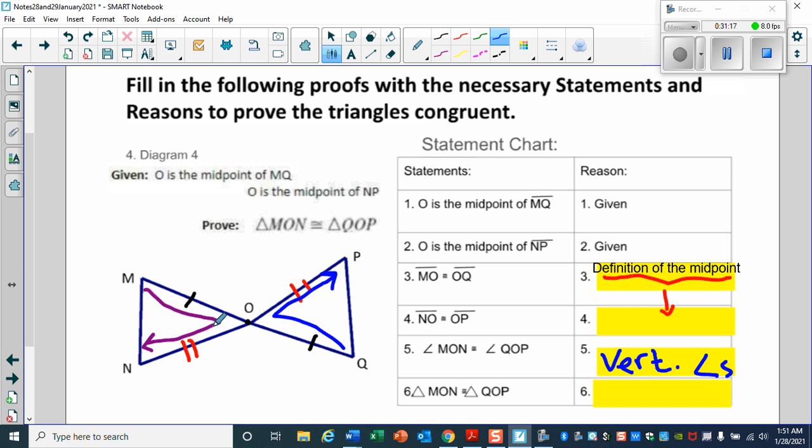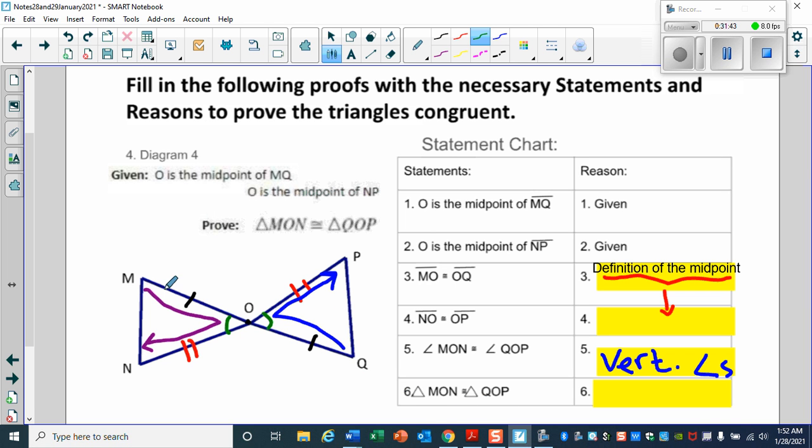And from there, since those two angles are congruent, then we can say angle MON is congruent to angle QOP. It's 1 arc for the 1 hash mark, 2 arcs for the 2 hash marks.